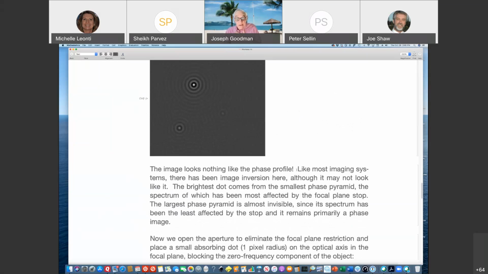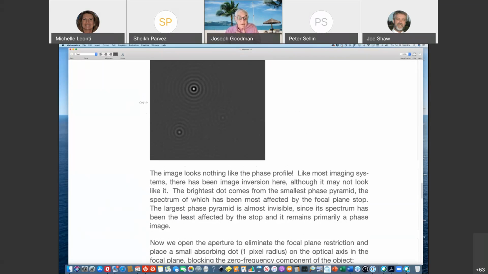It doesn't look anything like the phase profile. The brightest dot actually comes from the smallest phase pyramid in this inverted image, because the spectrum of the smallest phase pyramid is the widest, and it's been most affected by the focal plane stop. The largest phase pyramid, which I think is right here, is almost invisible.